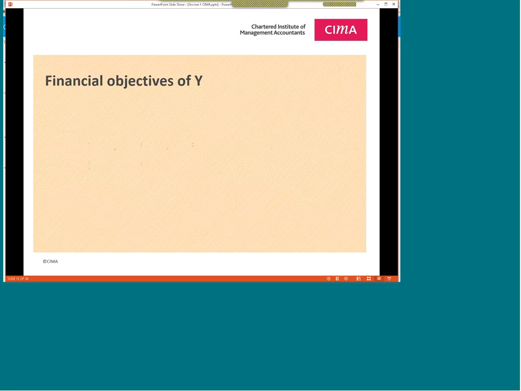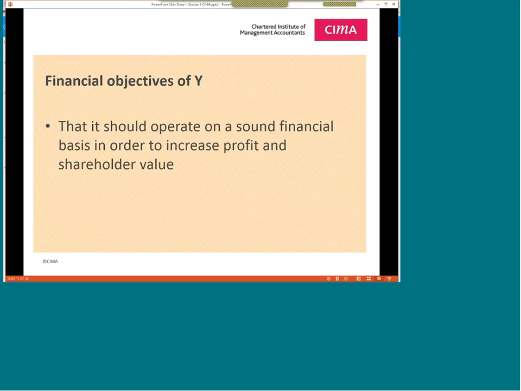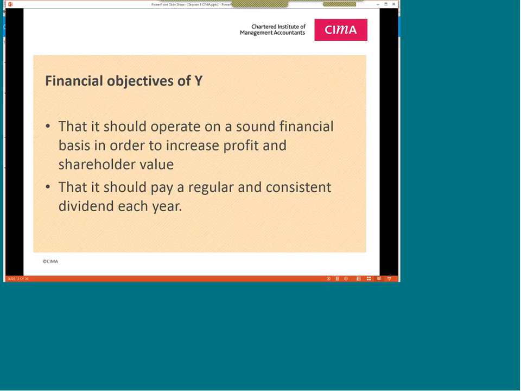In terms of financial objectives, they had two objectives mentioned, which are increase profit and shareholder value, which is in line with what we just said previously. And they want to pay a regular and consistent dividend each year. We know what the situation is, right?